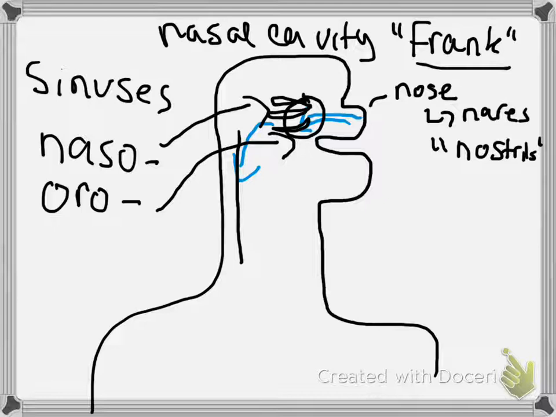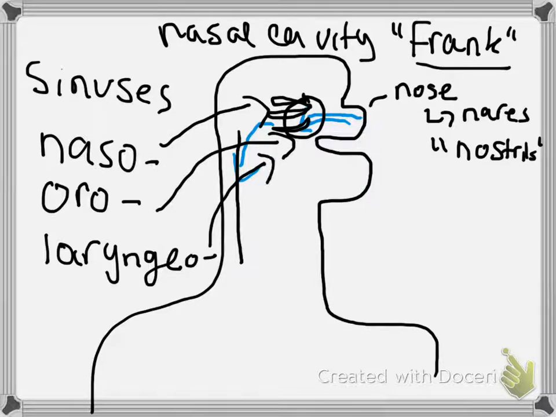And then we have the laryngeal, or as my British professor called it, the laryngopharynx, right below the oropharynx, and that's closer to the larynx, which is closer to the start of the lungs.